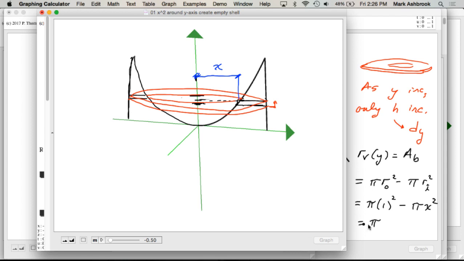And so now our first term is just pi. But we need this rate function in terms of y. So we need x squared in terms of y for this thing right here. Or x, so let's just focus on x. We're going to square it because it's the radius squared. But what is x in terms of y? This was the function y equals x squared. So now we need x in terms of y. What is that? Radical y.